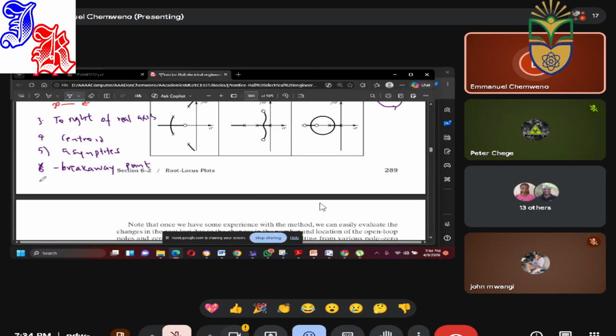After the breakaway point, you have angle of departure or arrival for complex poles and zeros.